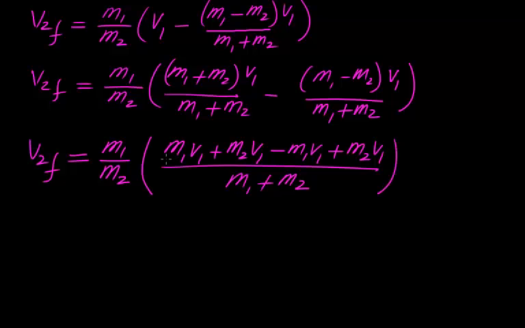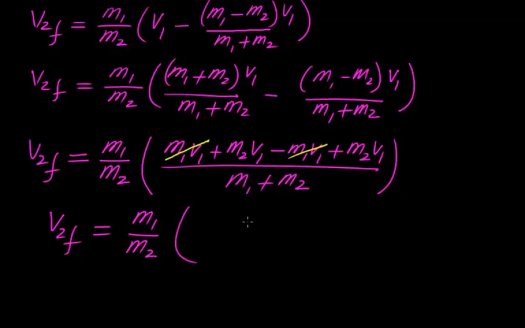Notice that m1 v1 minus m1 v1 becomes 0, and m2 v1 plus m2 v1 is 2 times m2 v1. Therefore, v2 final equals m1 over m2.